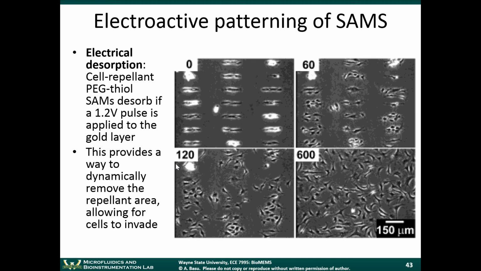Obviously, I'm not going into all the details of the electrochemistry, but the basic thing here is that it's an electrical desorption. The cell repellent regions can desorb if a pulse is applied to the gold layer underneath it. Remember, the self-assembled monolayers are being attached to a gold substrate.